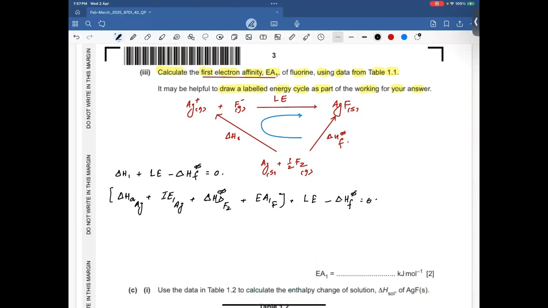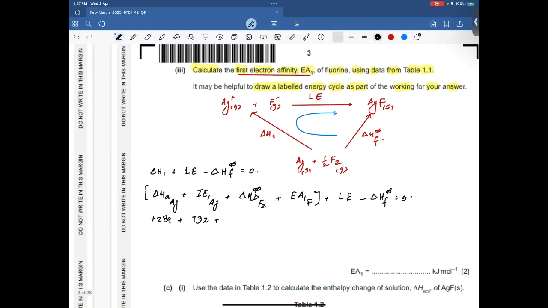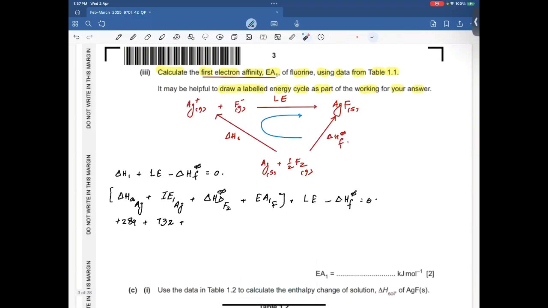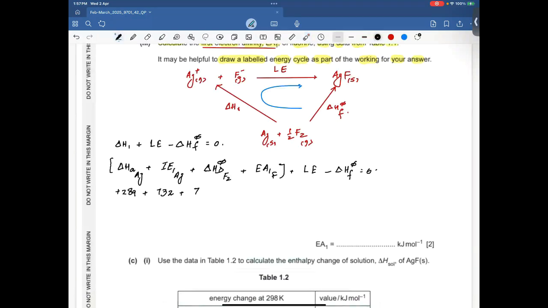Atomization of silver is actually plus 289. First ionization energy of silver is 732. Atomization of fluorine. By the way, this is the actual atomization of fluorine, which is plus 79. So we don't need to half it because it's not the bond energy value. It's actually the atomization value. Okay. So plus 79 will take as it is.